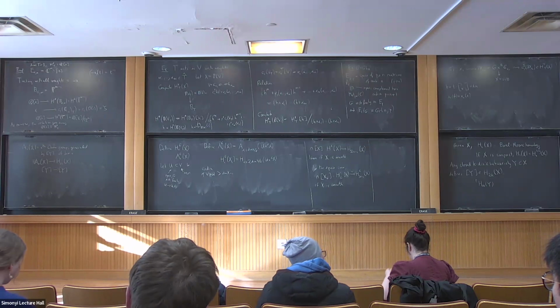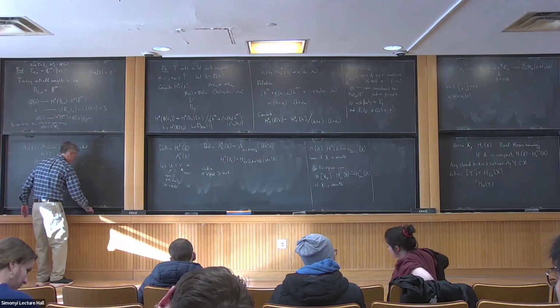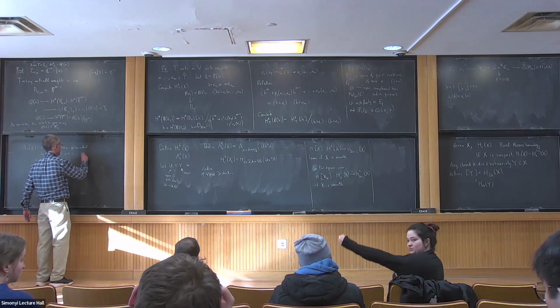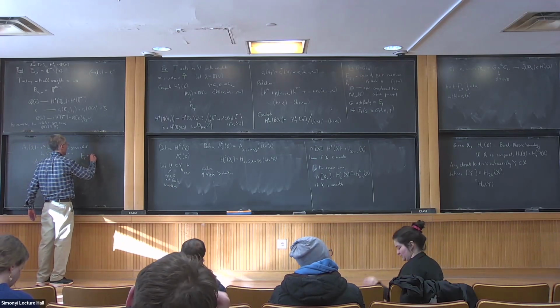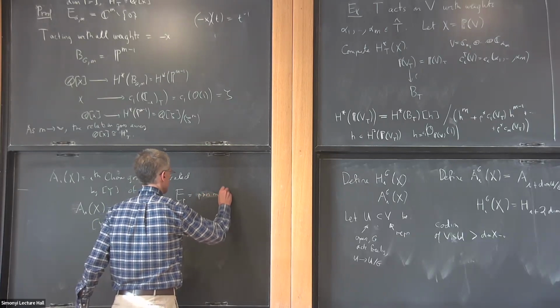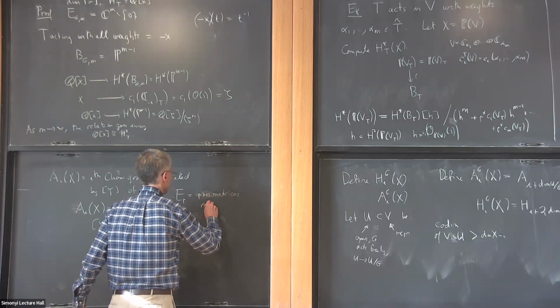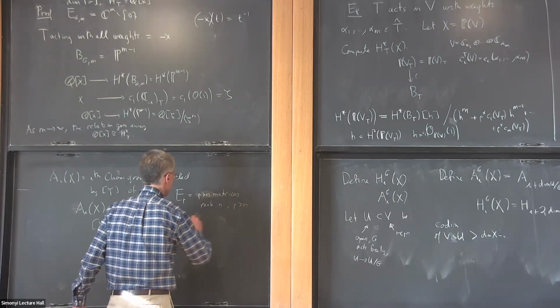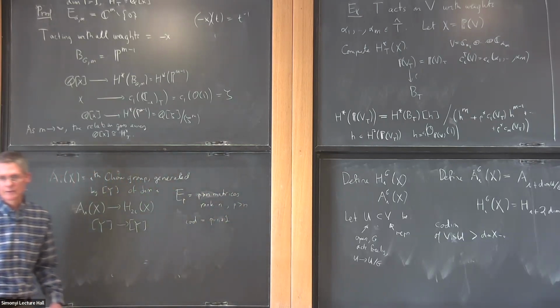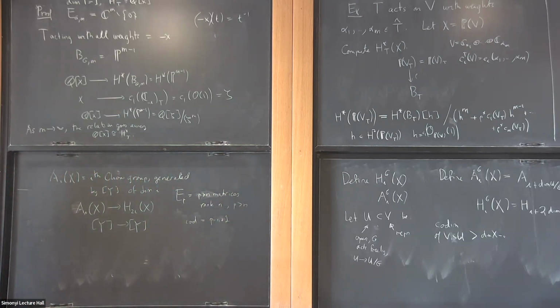We take the space, I call it E_p, the space of p by n matrices of rank n, where p is bigger than n, and then the codimension, I think, is p minus n plus 1. So I can get that to be as large as I want by pushing p to be large. G acts freely on that by a simple computation. Then you check that it doesn't matter which one you choose.